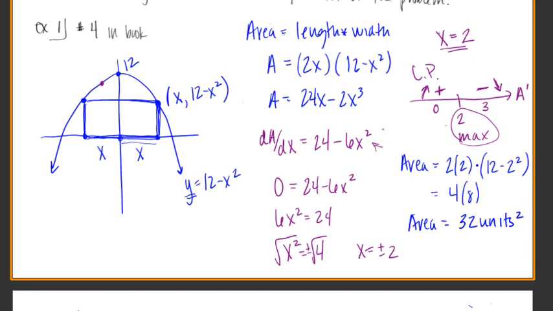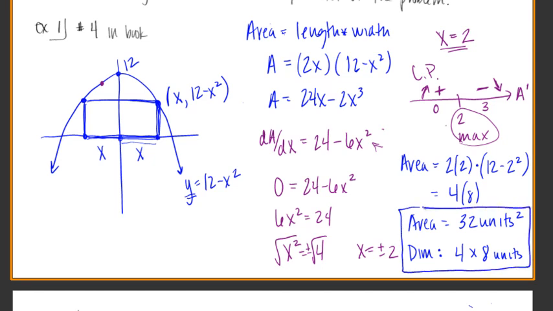Since it didn't give us dimensions, we're just going to do square units. Specifically, if it asked for the dimensions, the base is 2 of x's, so it's 4 by the height, which was 12 minus 2 squared, which was 8 units.